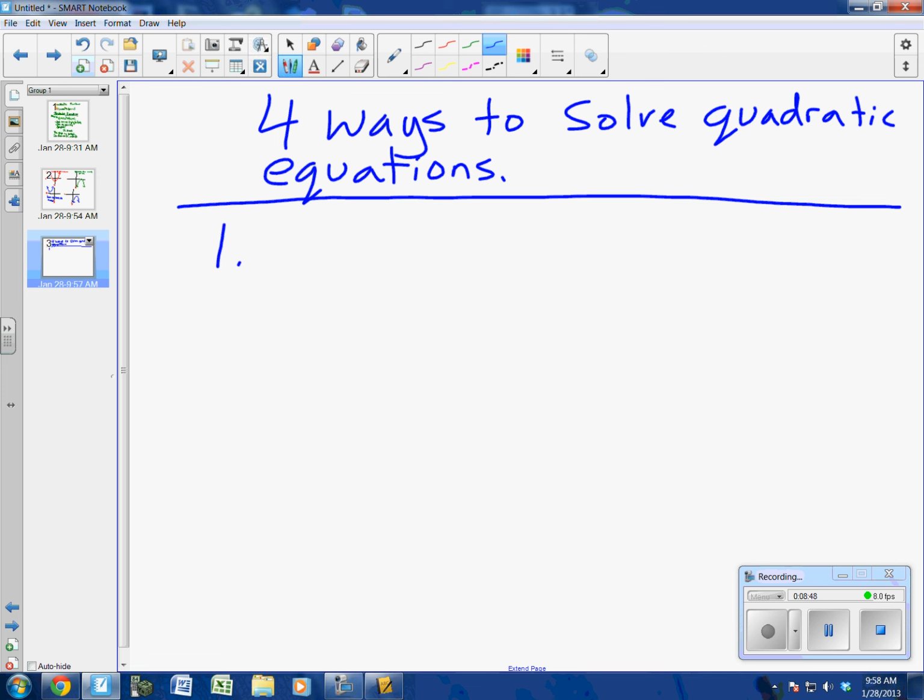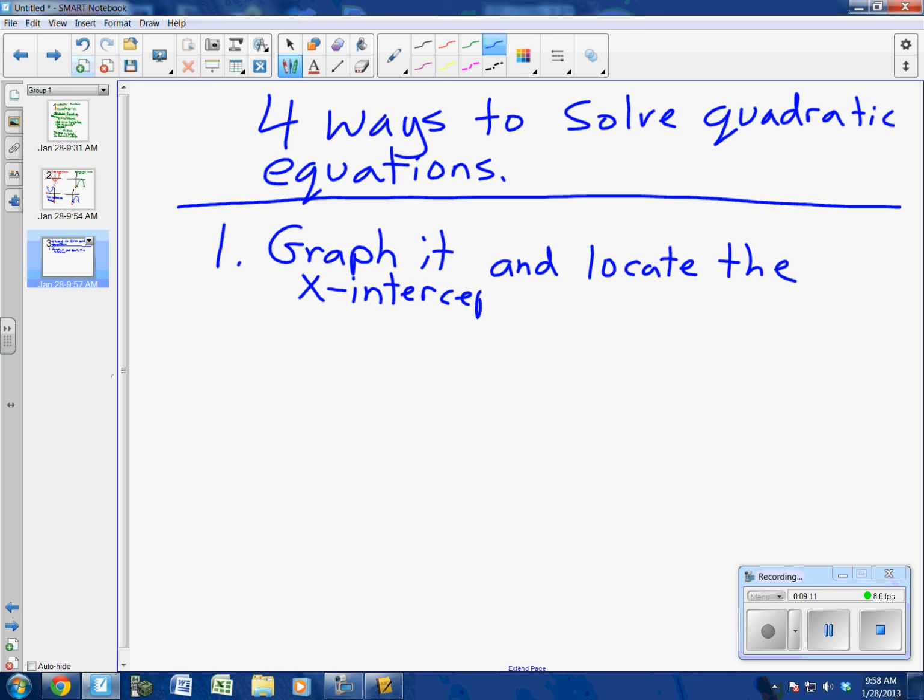Okay, number one way is to graph it and locate the x-intercepts. Well, I'm just trying to put it all together, okay, because we've had a scattering of concepts. I'm just trying to put it all together. Number two is we learned how to solve by factoring.